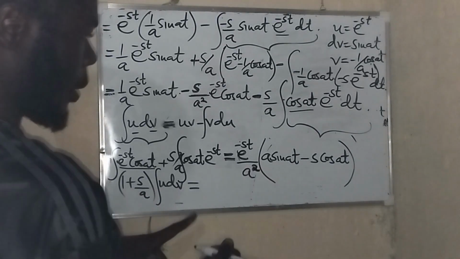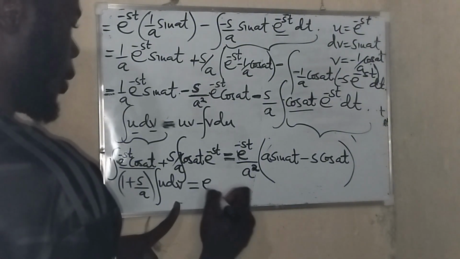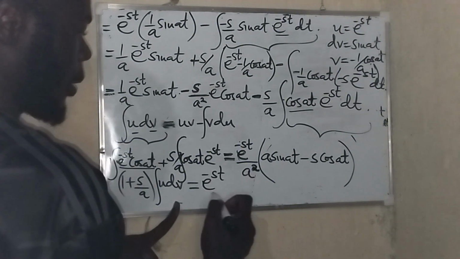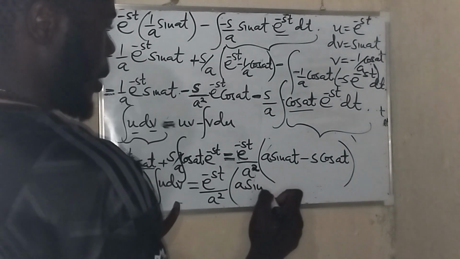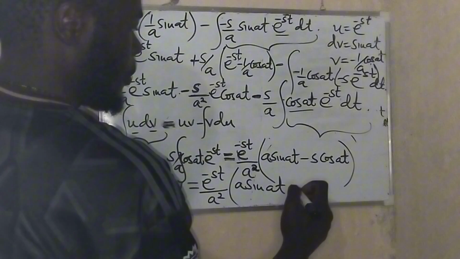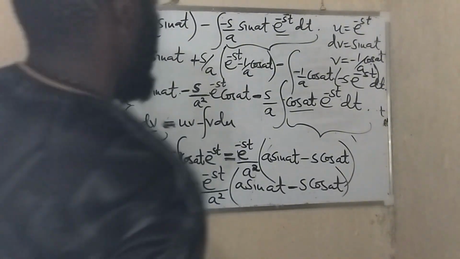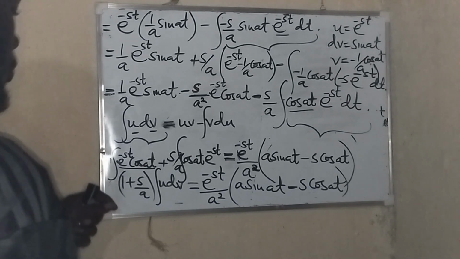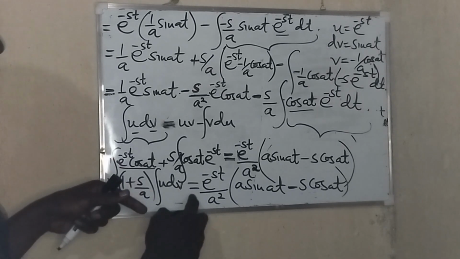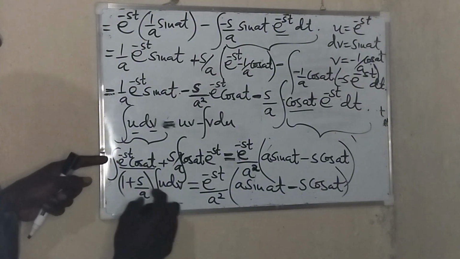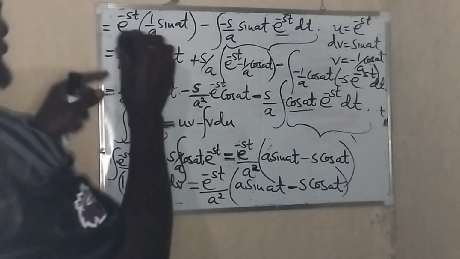Now this other side we have exponential negative st over s squared times a sine at minus s cos at. Now if you want the integral of u dv, you are going to divide both sides by this coefficient, so that we remain with the integral.